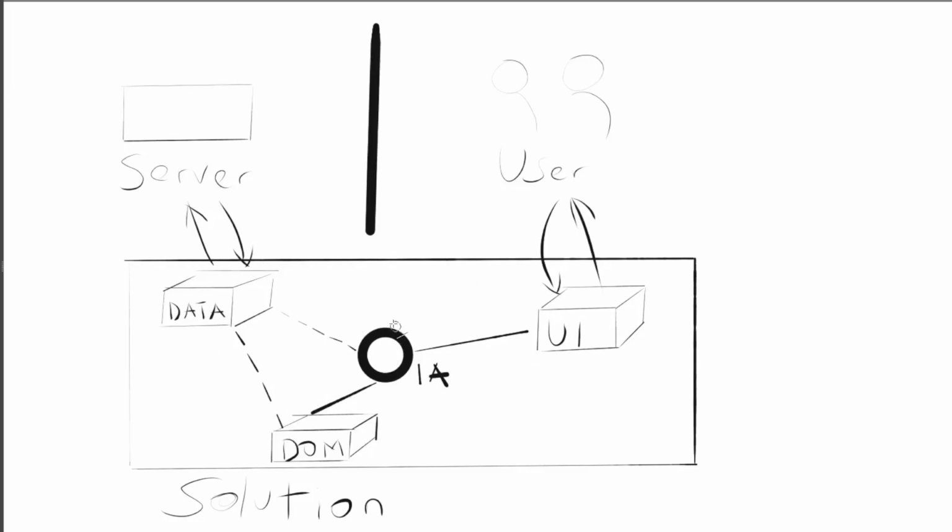So for this architecture, we've got a little domain, right, and we've got a user interface that talks to the user, and finally we've got the data layer. So this is usually called presentation, domain, and this is the data layer. So we've got the interface adapter, and that's what I've called IA, interface adapter.